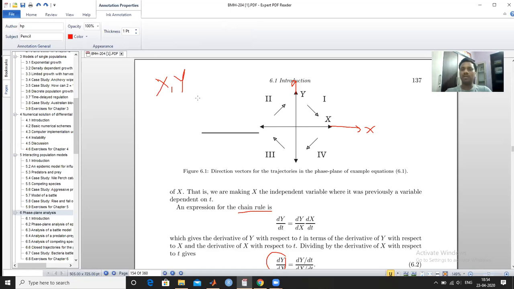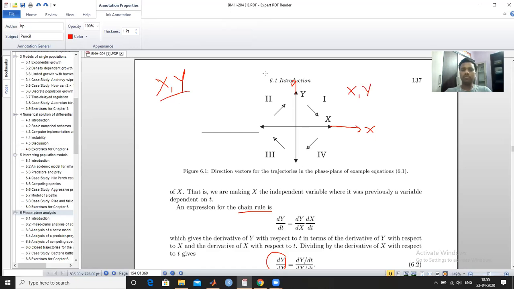Suppose you are considering the predator model, then population cannot be negative. Means x and y cannot be negative, so we just have to check in the first quadrant. But in this case, we are assuming the model in general, with no restriction. So no restriction means there may be four cases. Either both are positive, means x and y are positive.